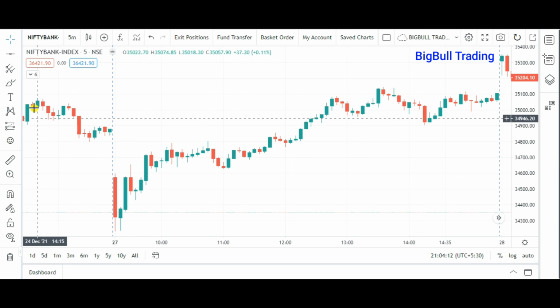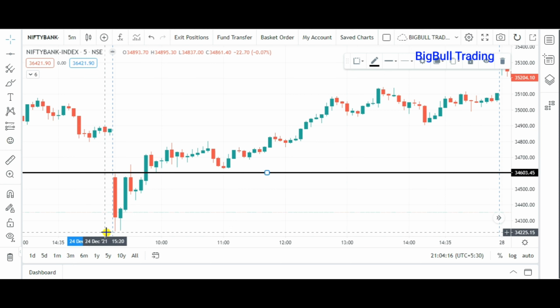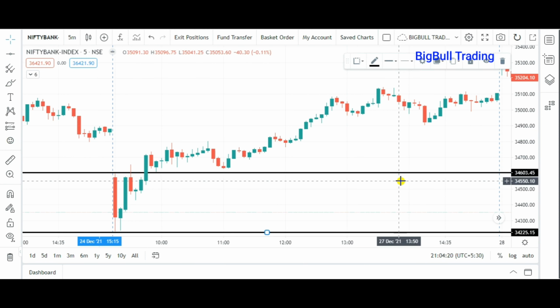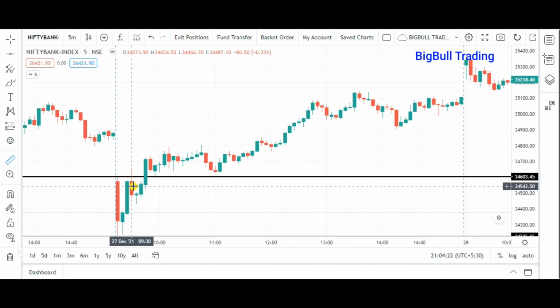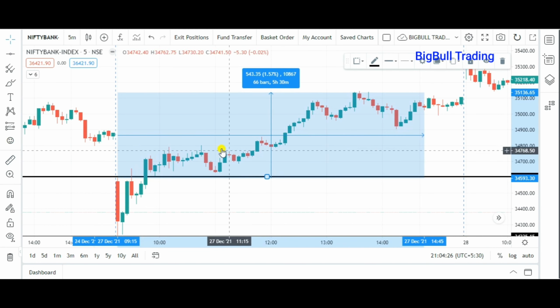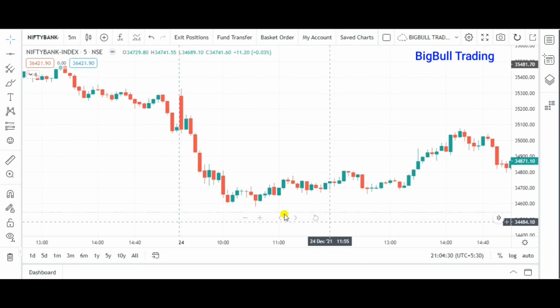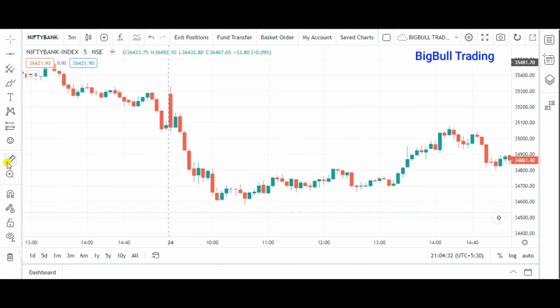On the 27th, if you again see, you mark the candle high, you mark the candle low. Once it breaks, you see how much profit you can make. It gives around 543 points, friends. It's not like every day it will work, but some days it will hit your stop loss.